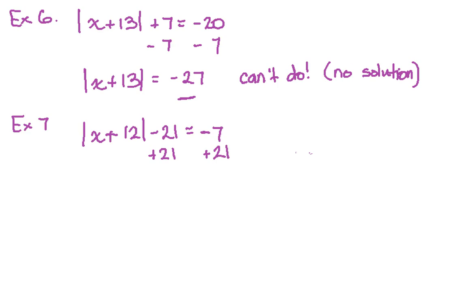So in this case, I'm going to wind up with the absolute value of x plus 12 is going to equal positive 14. Now, with that in mind, there's absolutely no reason I cannot move ahead with this. This is absolutely easy to do, very straightforward, absolute value problem.